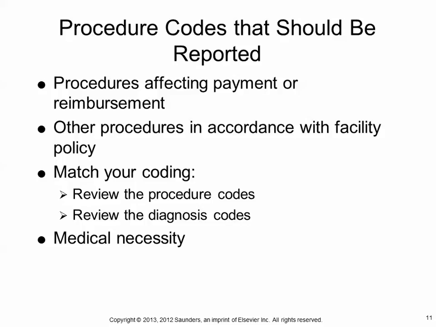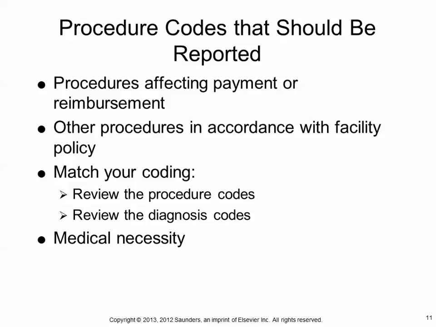The procedure codes that you have, you need to make sure that they are supported by a diagnosis code. Okay? That's very important. Your medical necessity codes, that is where you must have documentation to support a procedure being done.